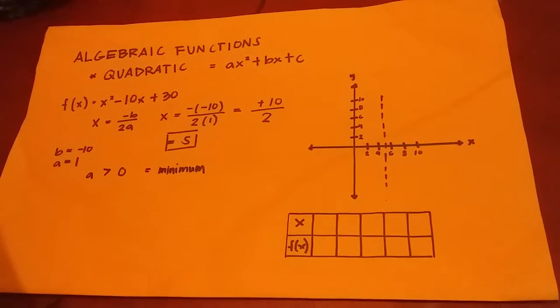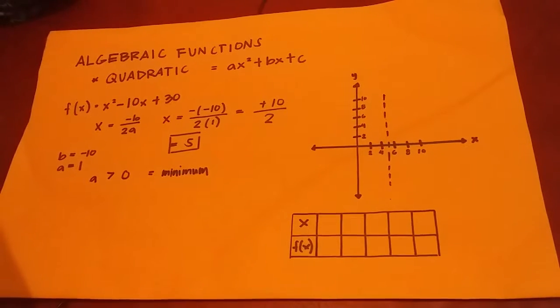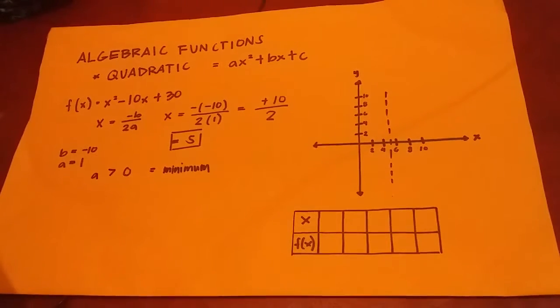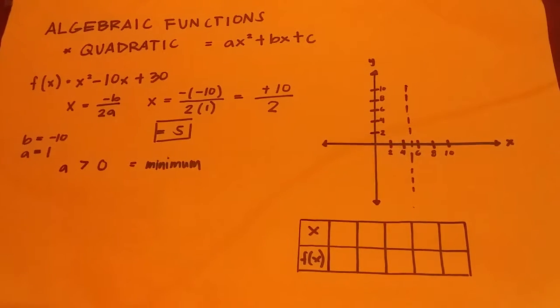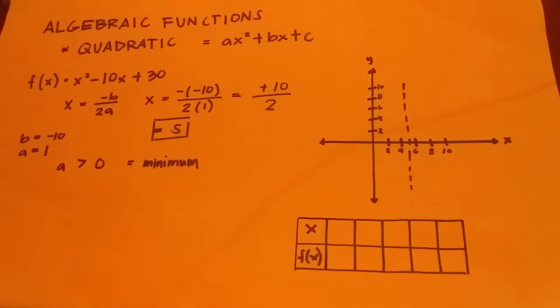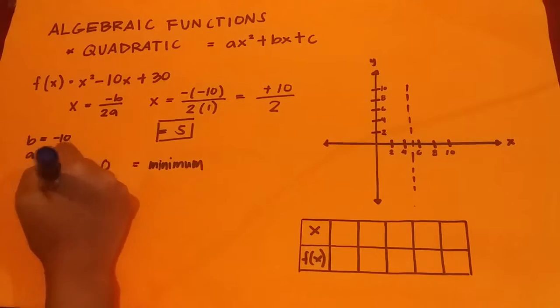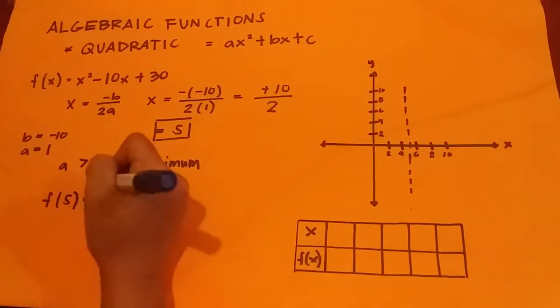Right now, I need to determine some points by making a table of values. To determine my f of x value, plug it in. Let's use my axis of symmetry.